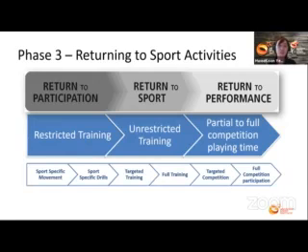So this whole return to sports activities is actually a gradual progression from return to participate, to return to full sports, to return to performance. Within this subgroup itself, you're looking at restricted training, eventually going to unrestricted training, and therefore slowly progressing to partial or full competition playing time, right?